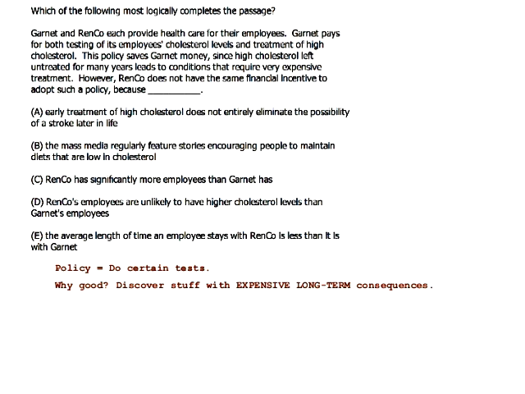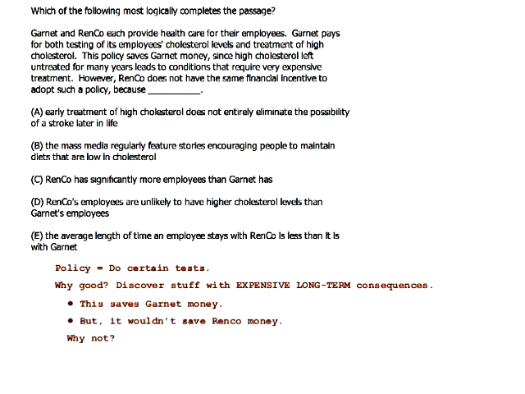So this saves Garnet money, but it wouldn't save Renko money. Why not?